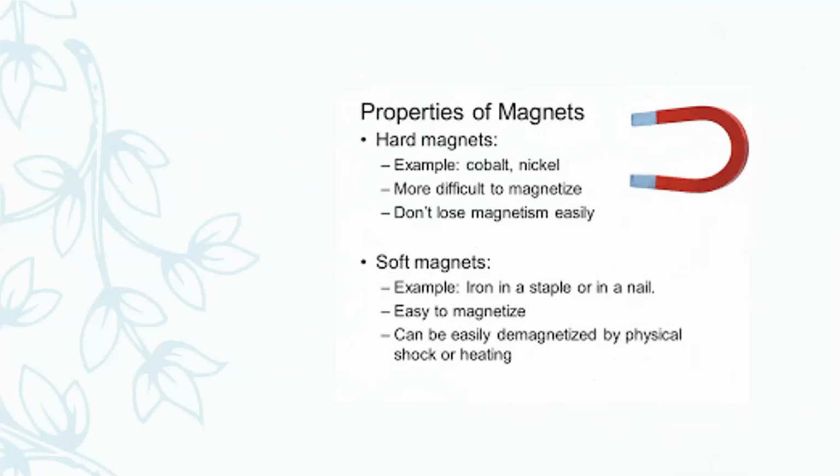On the other hand, soft magnets, such as iron in a nail, are easily magnetized, and they can be easily demagnetized by physical shock or heating. If you strike them or hit them, they will lose their magnetic characteristic easily.